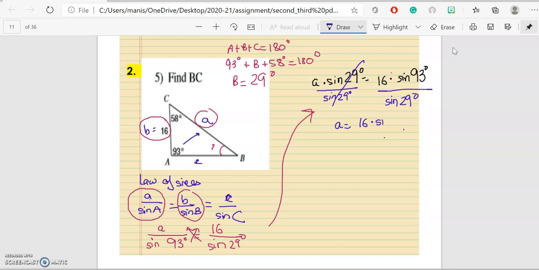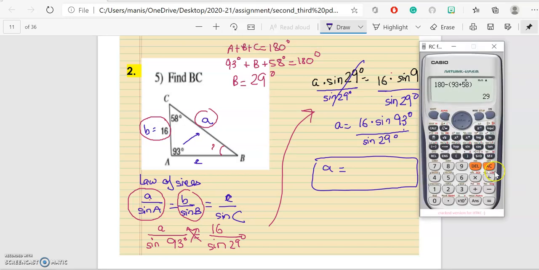And lowercase a is what? 16 times sine 93 degrees over sine what? 29 degrees. When I plug in the values in the calculator, I will get the correct answer. Let's see. So let's hit clear. Always use the fraction button. 16. Okay.